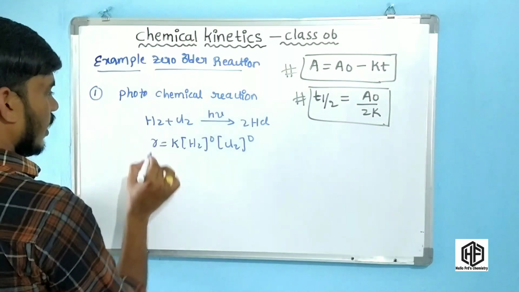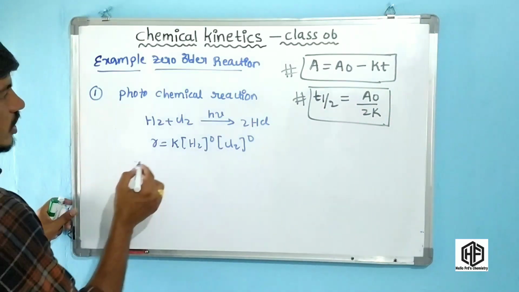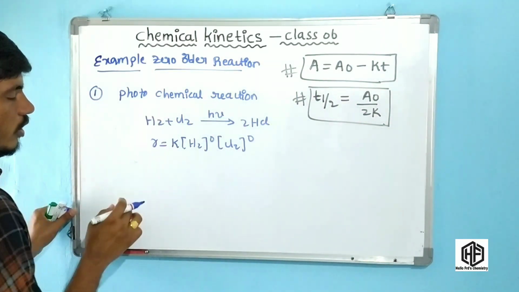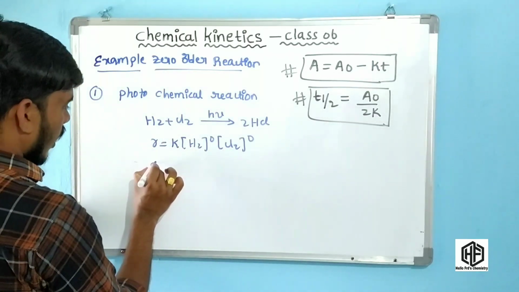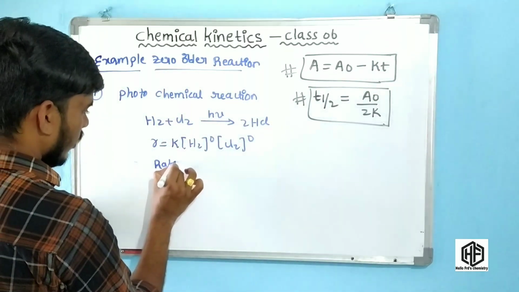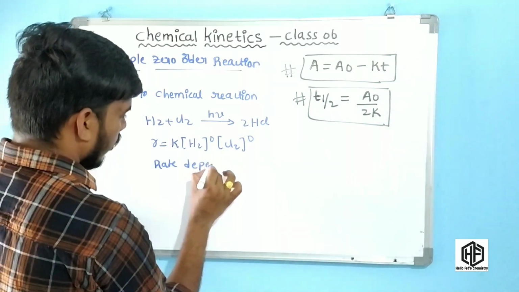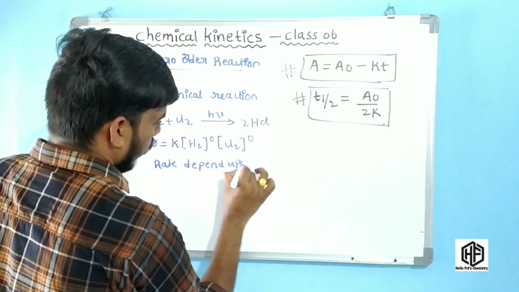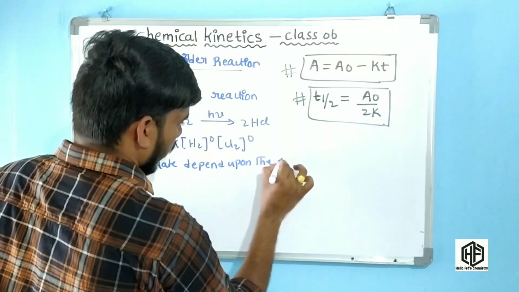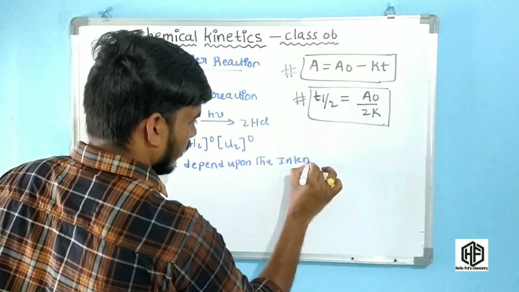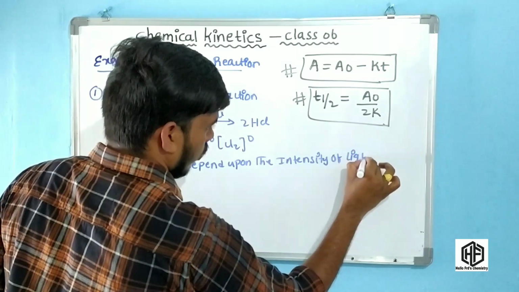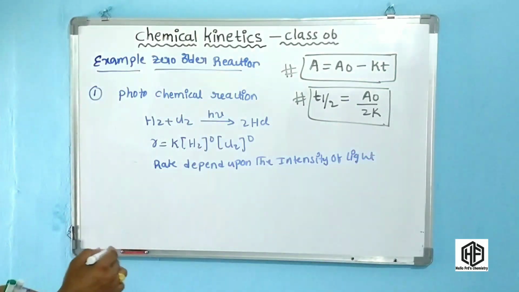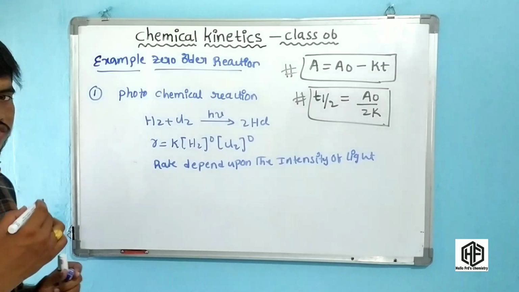It means the rate of the reaction depends upon the intensity of light in this photochemical reaction. Okay, friends, all photochemical reactions are examples of the zero order reaction.